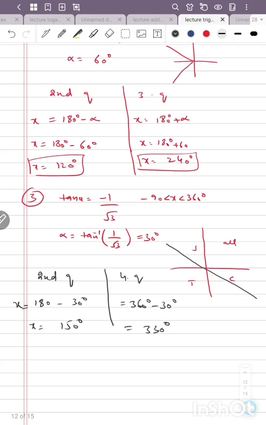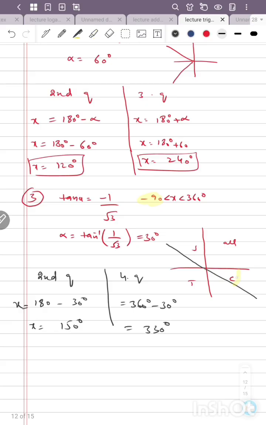We have right now solved this question for 0 to 360, but in our interval, look at this one, there is minus 90. Minus 90 is a totally different thing. How do we deal with this minus 30? For that purpose we will go to the reverse working. It goes this way.